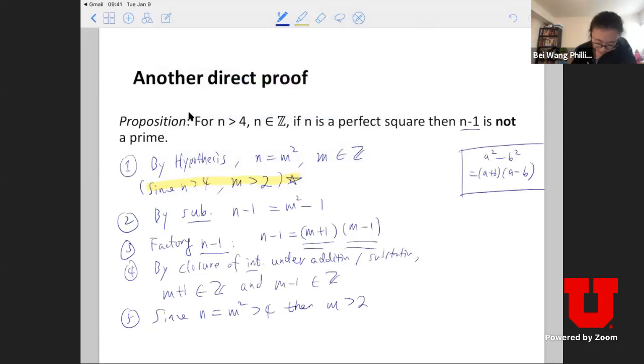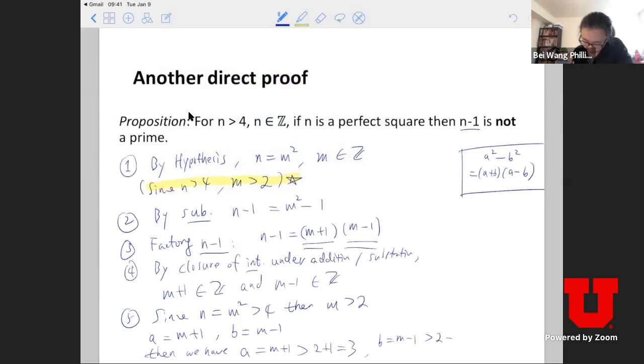If I let a be m plus 1 and b be m minus 1, then a, which is m plus 1, is bigger than 2 plus 1, which is 3. And b, which is m minus 1, is bigger than 2 minus 1, which is 1. So what does this mean?